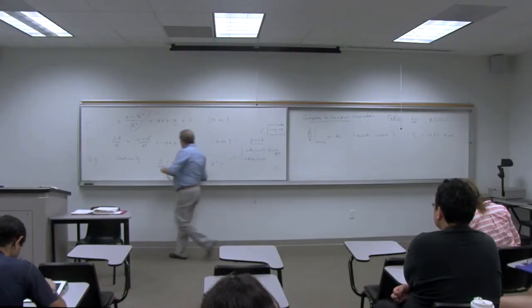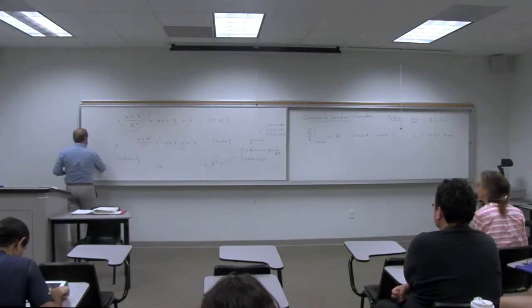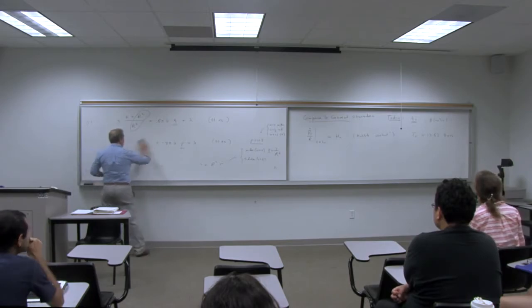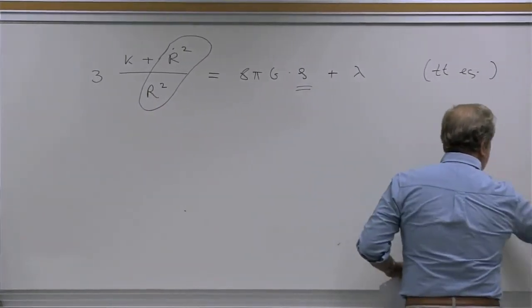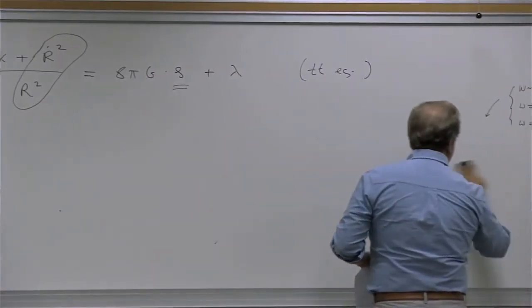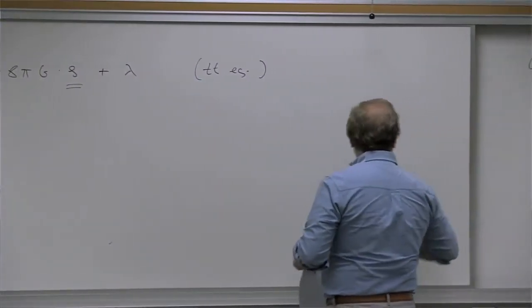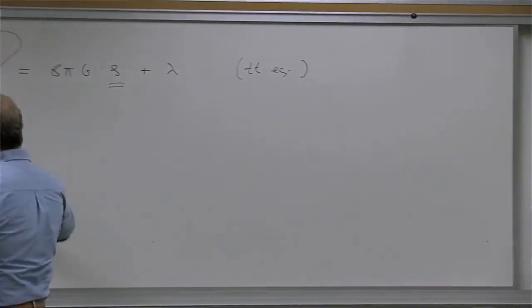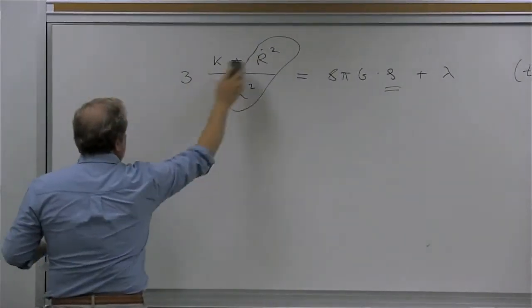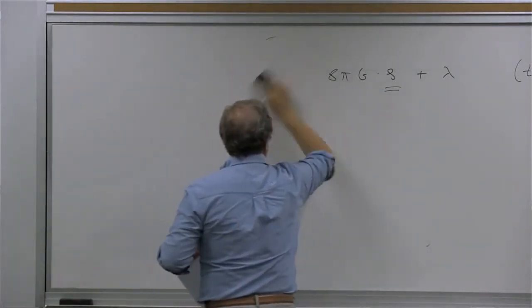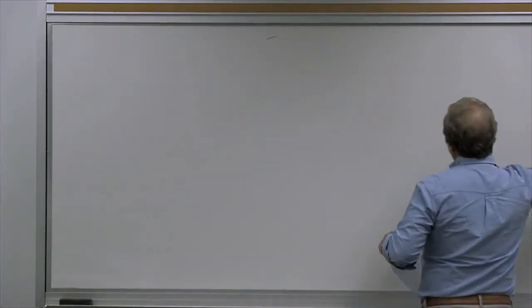So we now go back to equation 1. Remember, we only have 2 independent equations. And so we go back to the first equation, which involves this combination r dot over r. And so we're going to rewrite it by isolating the Hubble term, the r dot over r squared.